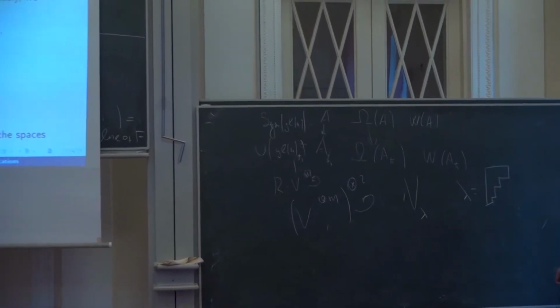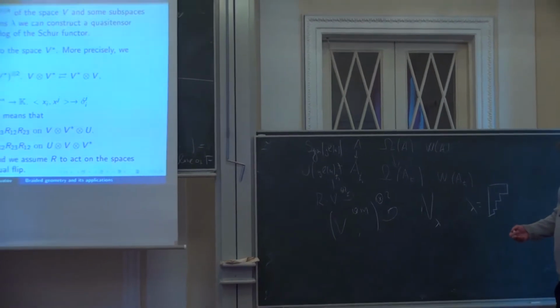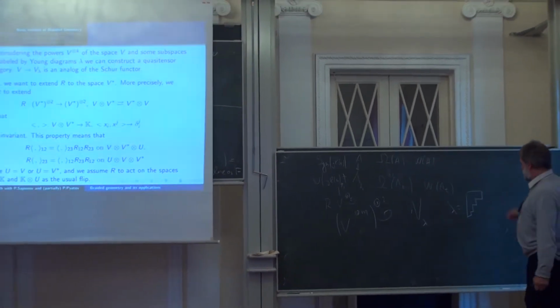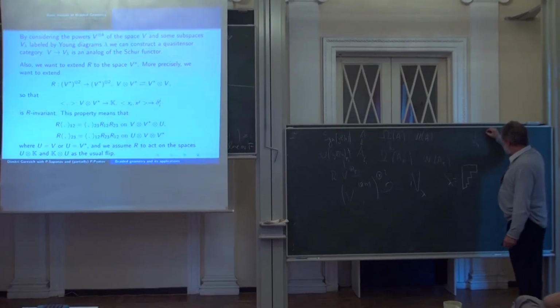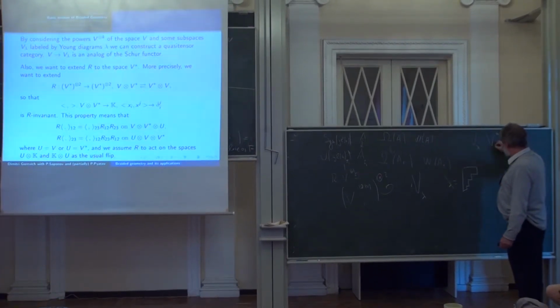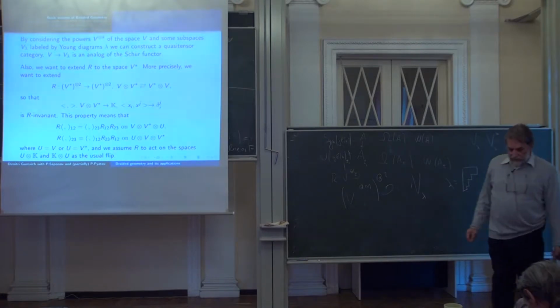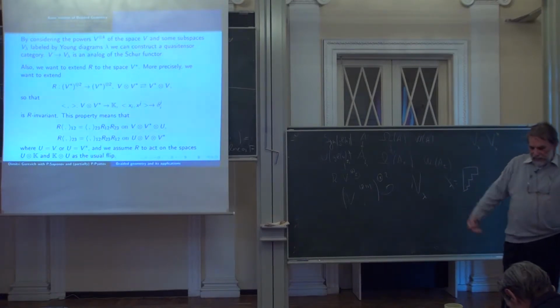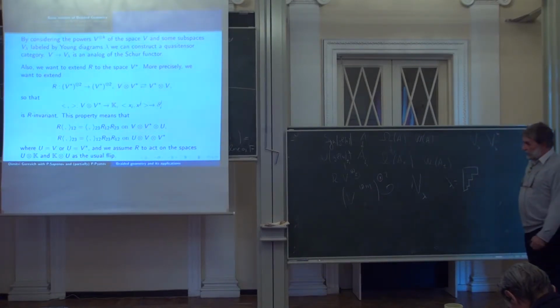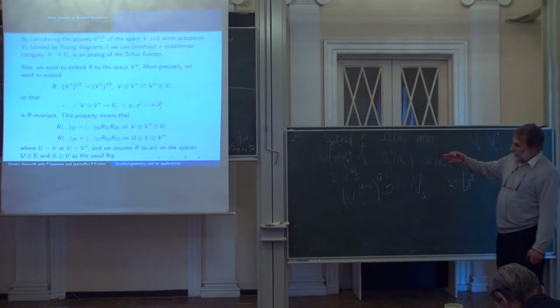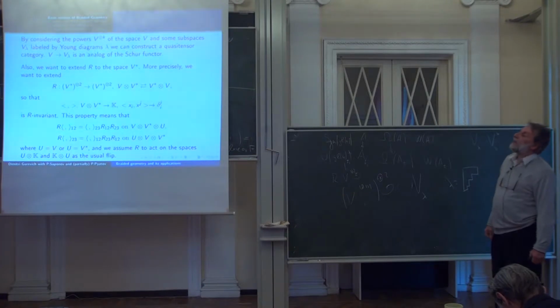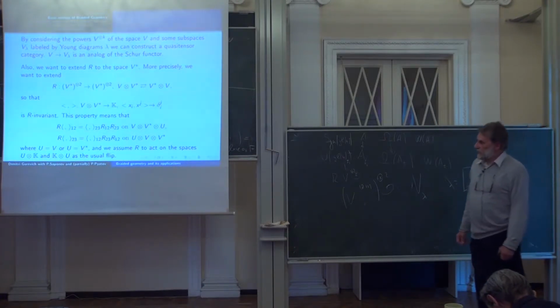But now the following problem arises. This category is not, for the moment, rigid. Rigid means that with any object in my category I should take the dual object. And the question is whether it's possible to include in my category the dual object. It is possible to do if our braiding is skew invertible.